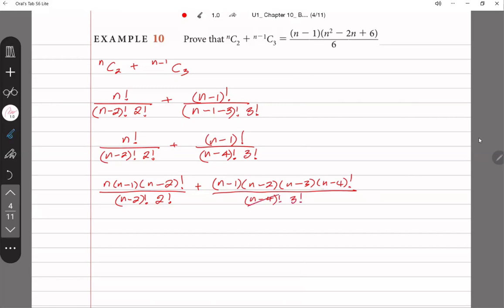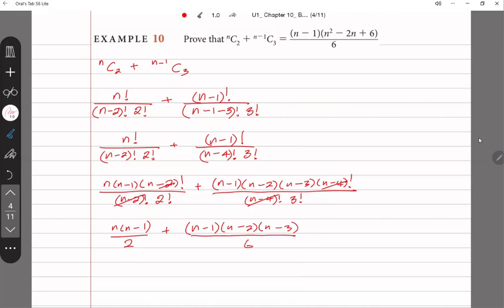These cancel. So we have n into (n minus 1) over 2 factorial, which is 2, plus (n minus 1), (n minus 2), (n minus 3) over 3 factorial, which is 6.